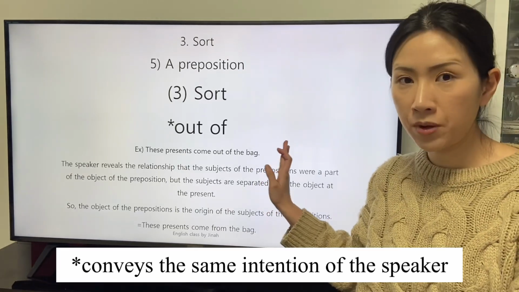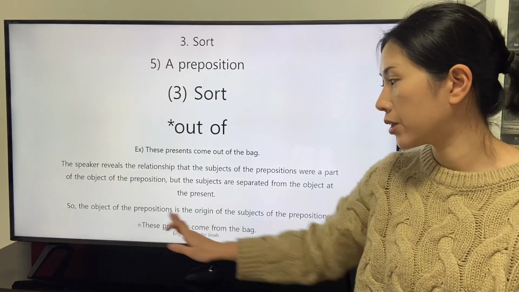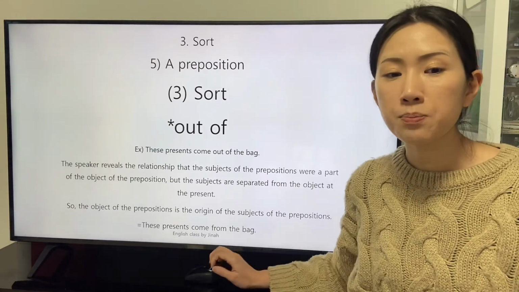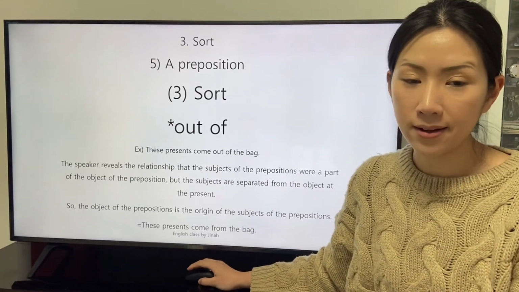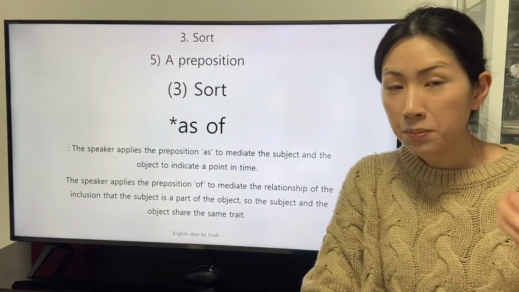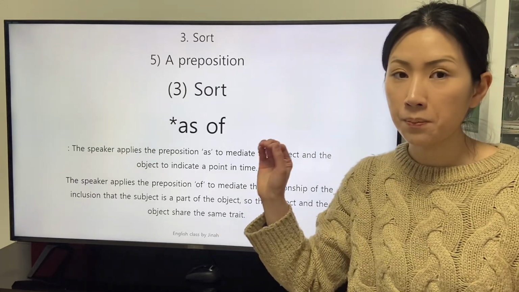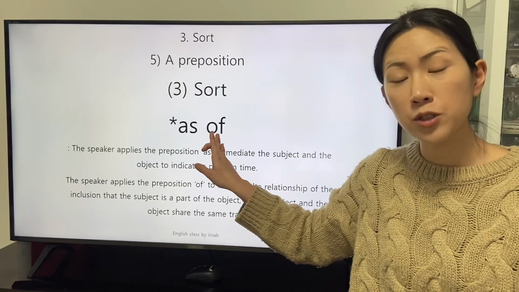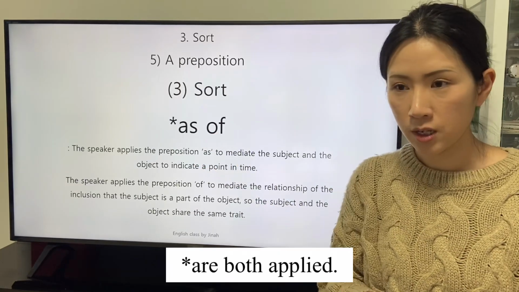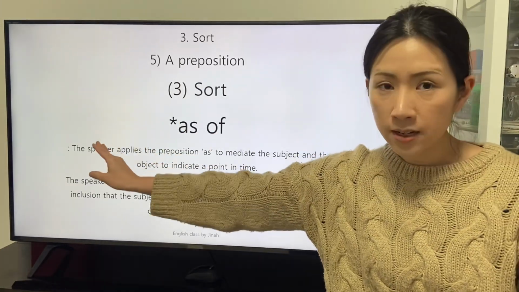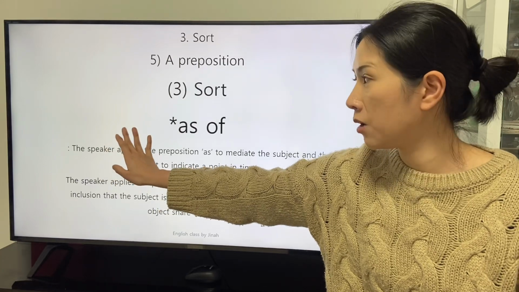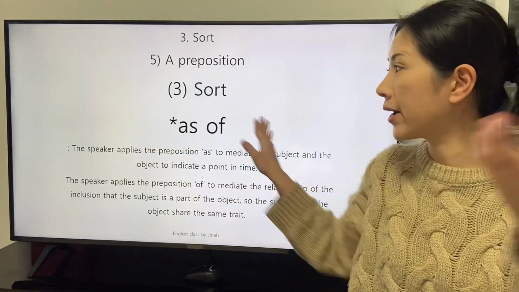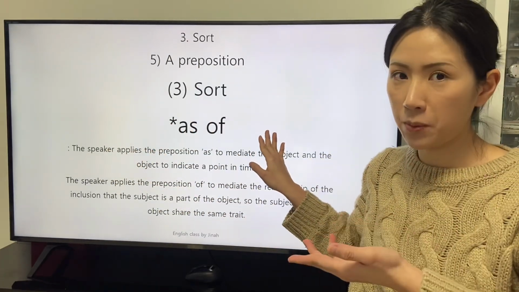With this clause, these presents come from the bag. The next applied form of the preposition is that the preposition "as" and the preposition "of" are the subject of the preposition as defined by the object of the preposition.